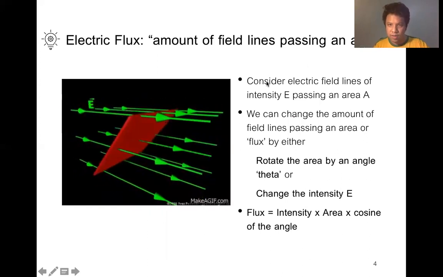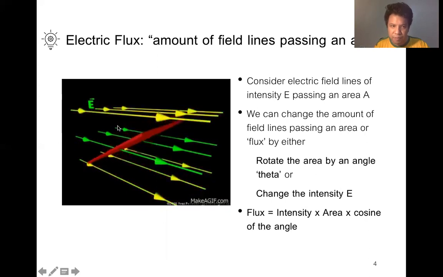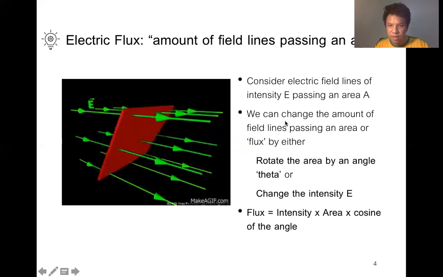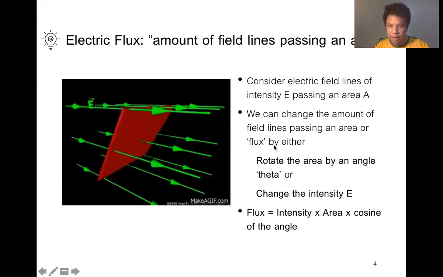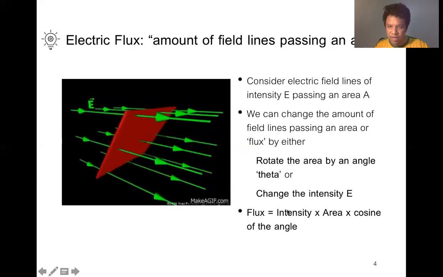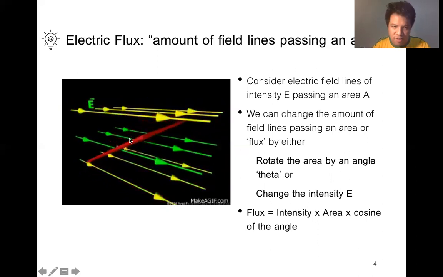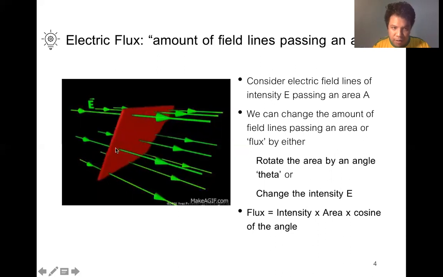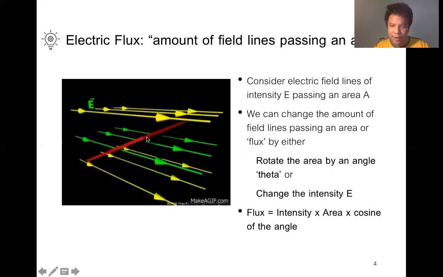If we consider an electric field of intensity E that passes through an area A, the area A is in red and the electric field is E. We can change the amount of field lines passing the area by either rotating the area by the angle theta or changing the intensity of E. As you can see, the field lines in green are the part that is passing the area in red.